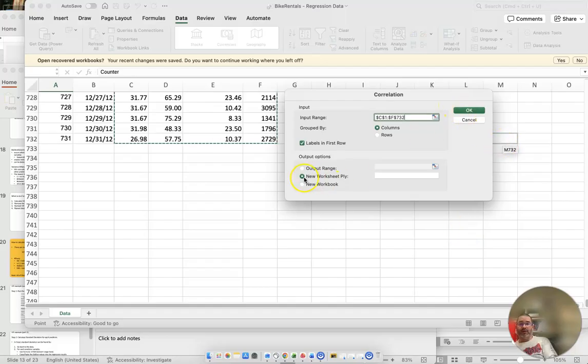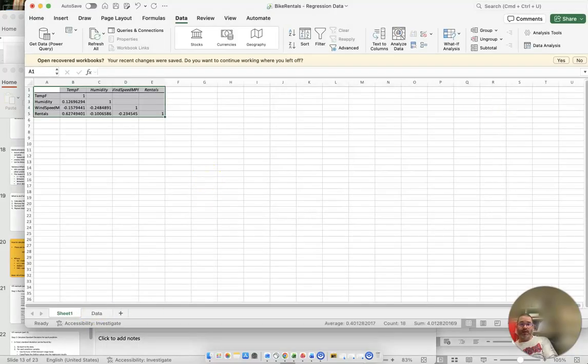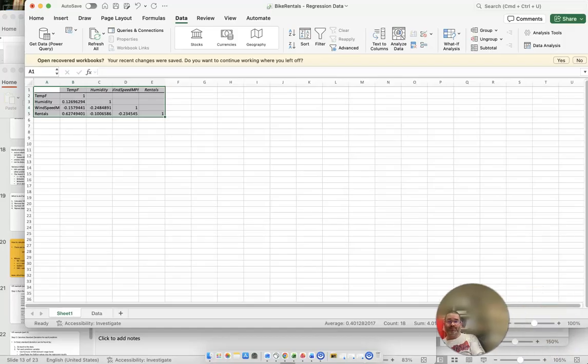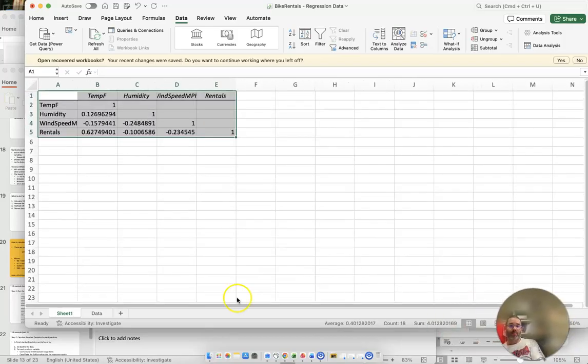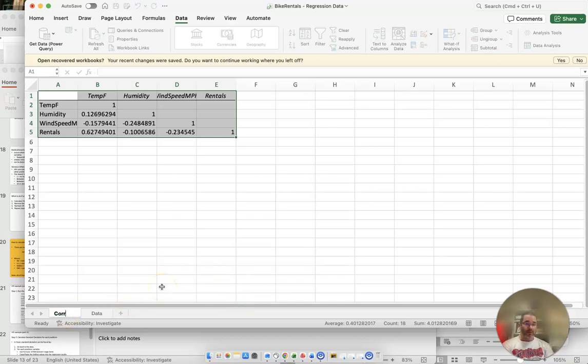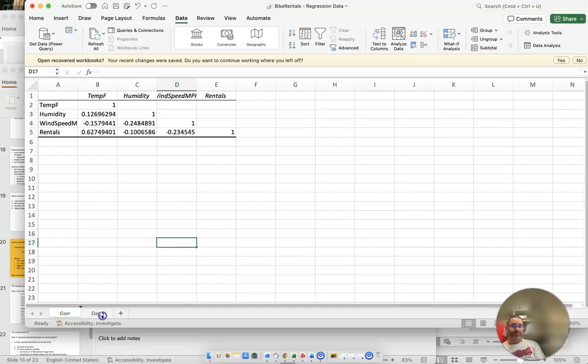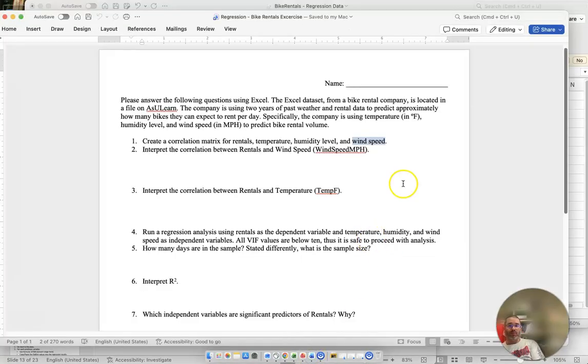Hit OK, it'll put it in a new worksheet ply down here, which is just fine. And here is my correlation matrix. We might even name that correlations so we can reference it more easily. It's a pretty small table, but it gives us some meaningful data here. So let's go see what to do next.